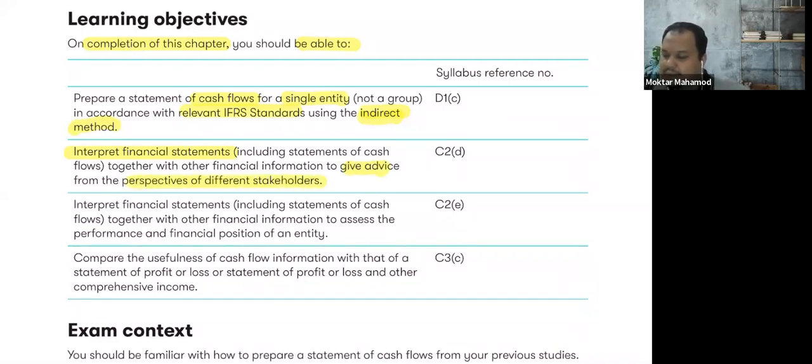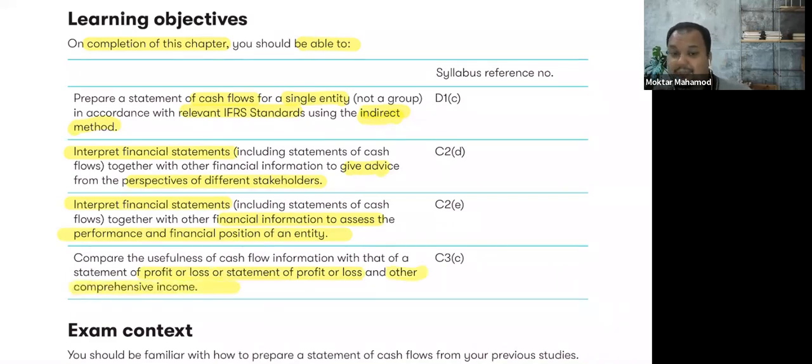And then you will also interpret financial statements with other financial information to assess the performance and financial position of an entity. In this case, you will link with the statement of financial position, and lastly compare with the statement of profit or loss and OCI.